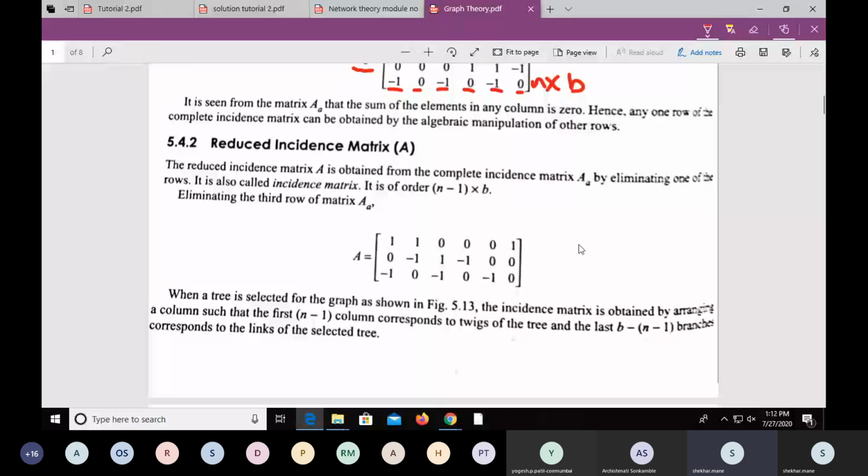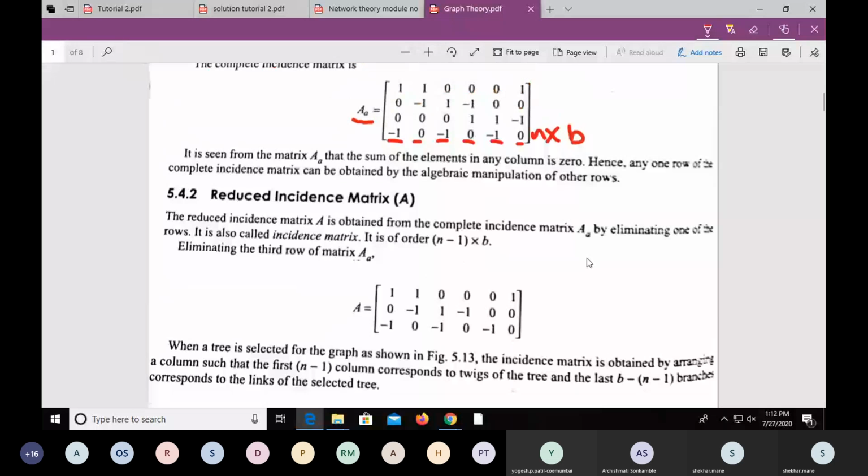So you can reduce any row of this A matrix by eliminating one of the rows. This is important. Eliminating one of the rows, and then it is called the incidence matrix.